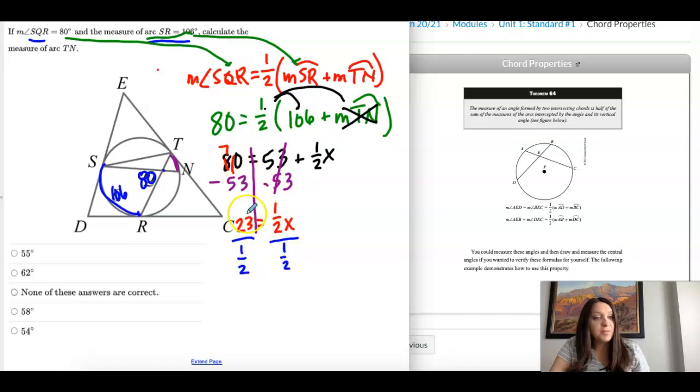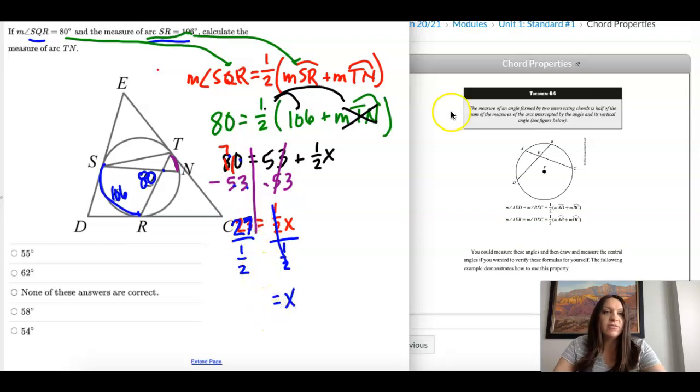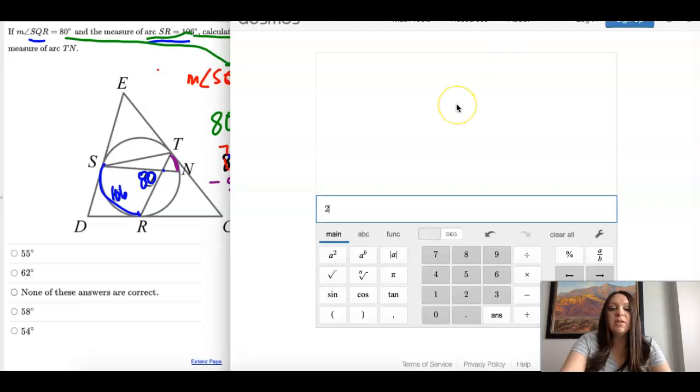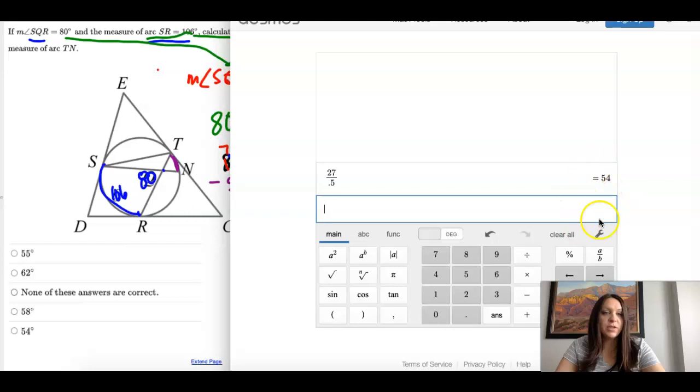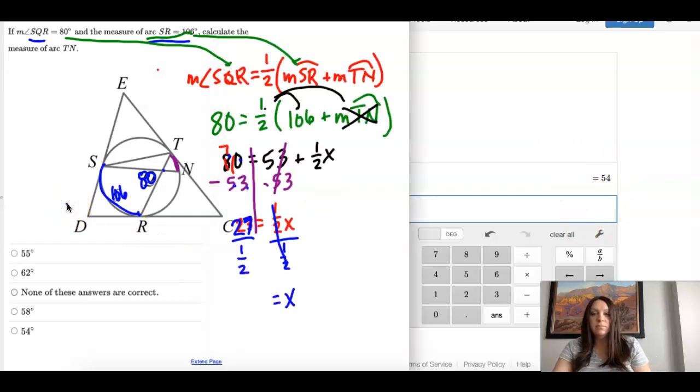And I just realized I messed up. That should be a 27. 10 minus 3, 7. 7 minus 5, 2. Okay, so X, or our arc length, is 27 divided by 1/2, which is the same thing as timesing by 2. So 54. So that means this arc length is 54 degrees. Right there.